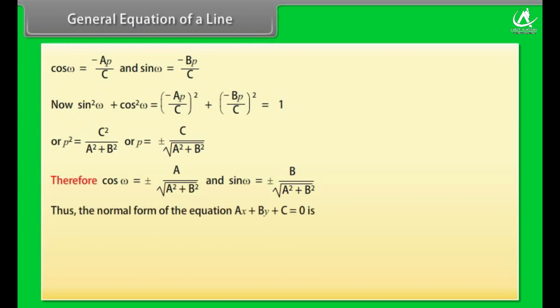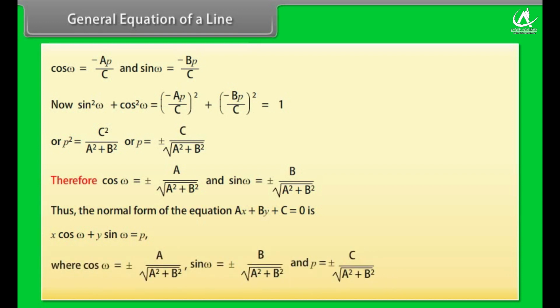Thus, the normal form of the equation ax + by + c = 0 is x cos ω + y sin ω = p, where cos ω = ± a/√(a² + b²), sin ω = ± b/√(a² + b²), and p = ± c/√(a² + b²).